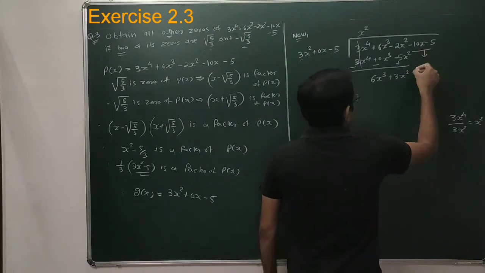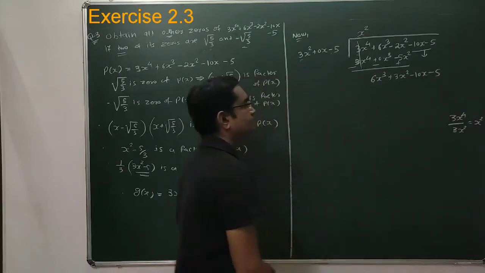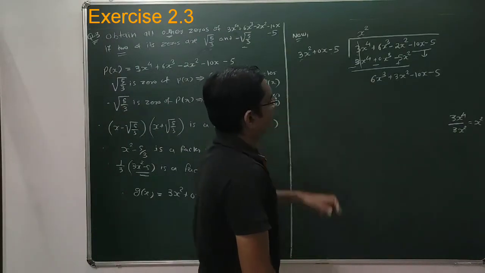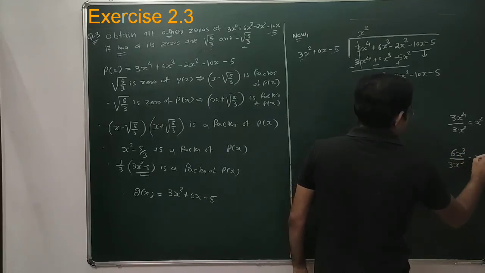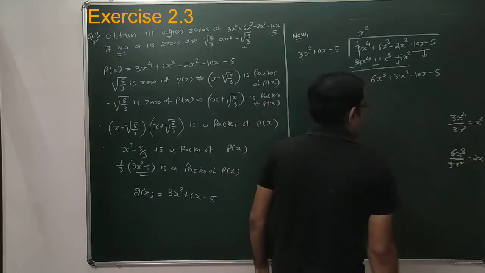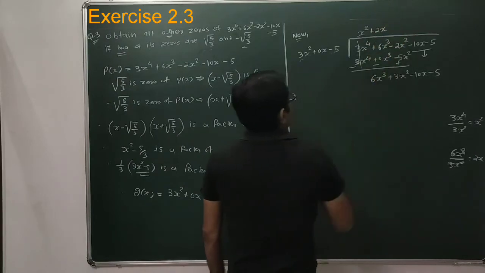Take these two terms with this 6x cube plus 3x square term, minus 10x minus 5. Again, 6x cube divided by 3x square gives 2x. 3 twos are 6, x will be cut, so it's plus 2x.